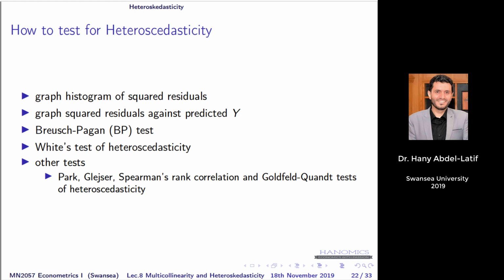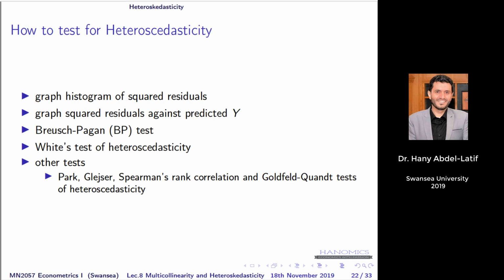So once you estimate your equation and obtain the residuals, that's a fair proxy of your errors. But what we're studying here is the squared residuals. So you plot these squared residuals, and you look at whether there's a clear pattern, then you would suspect there's heteroskedasticity. If not, then there's no heteroskedasticity.